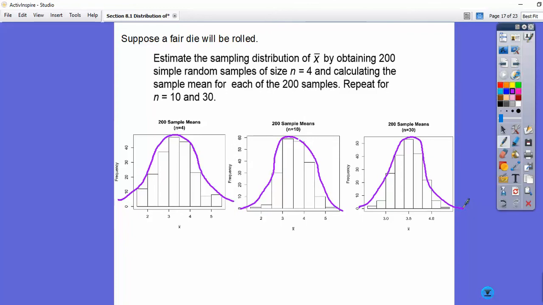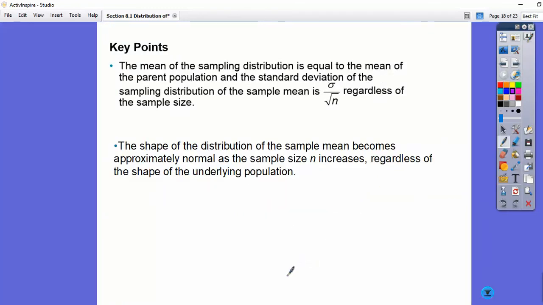So actually what happens, even if the original distribution isn't normal, the sample means can be normal. And it depends on the size of our sample. So the big thing here is this one. We talked about that top point yesterday, how the mean of the sample mean is the same as the original.